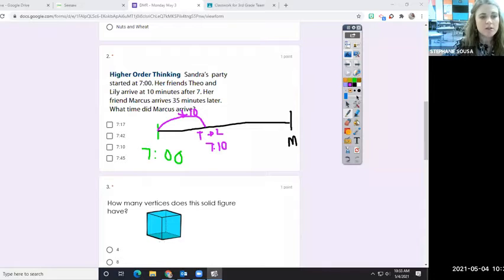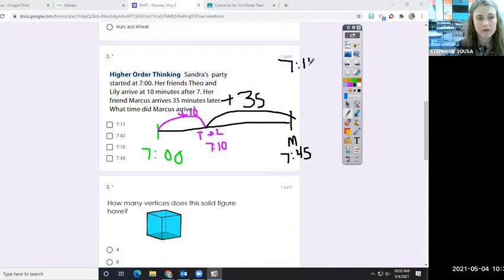Her friend Marcus arrived 35 minutes later, so I'm going to add a hop of 35 minutes. 7:10 plus 35 minutes gives us a time of 7:45. 7:10 plus 35 is equal to 7:45. Questions on that one?